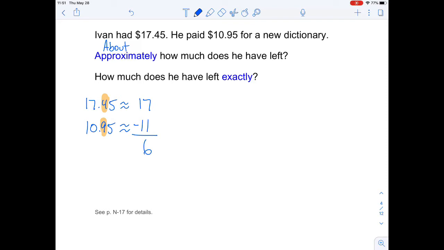Now, in order to find out the exact answer, we're just simply going to do 17.45 minus 10.95. So here we have 5 minus 5 is 0. Here I need to borrow. 14 minus 9 is 5. Don't forget your decimal point. 6 minus 0 is 6.